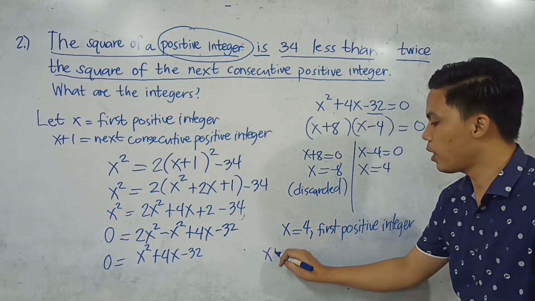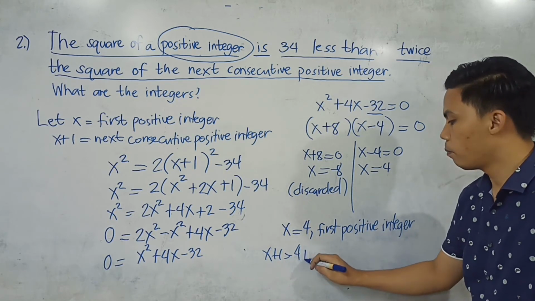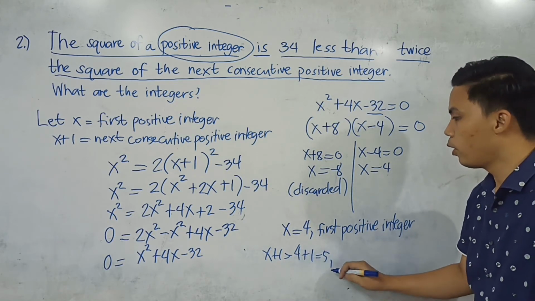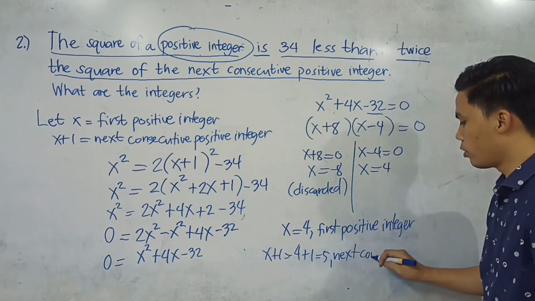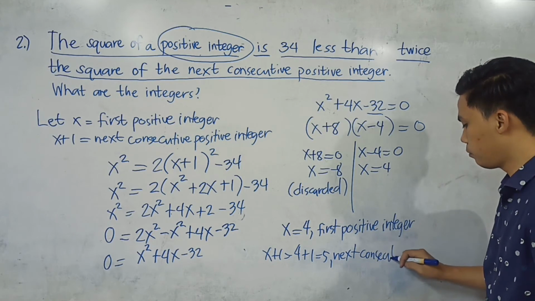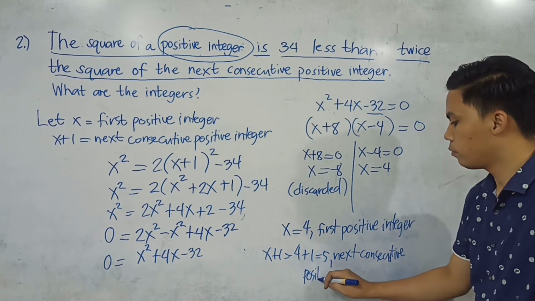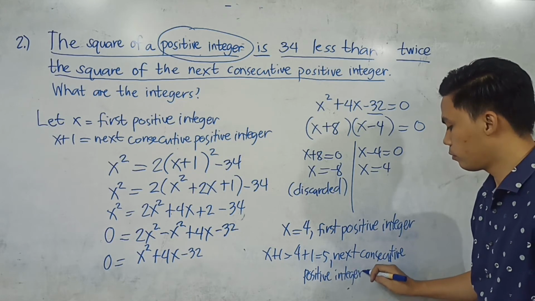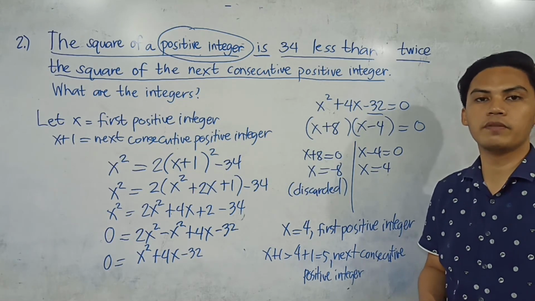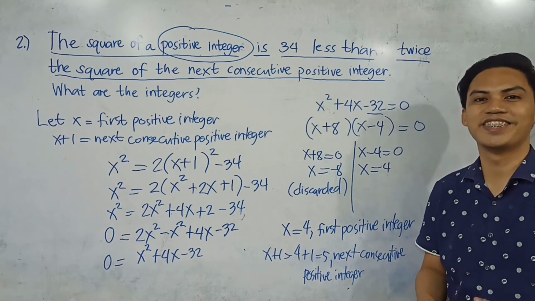At x plus 1 or 4, substitute natin si 4, plus 1 is equal to 5 would be our next consecutive positive integer. Therefore, the two positive consecutive integers are 4 and 5.